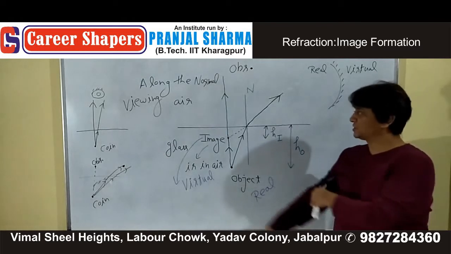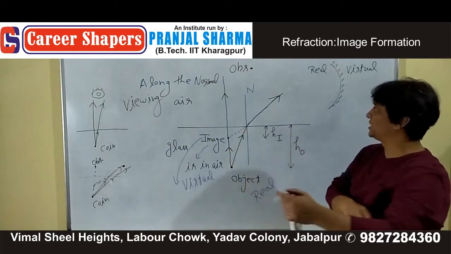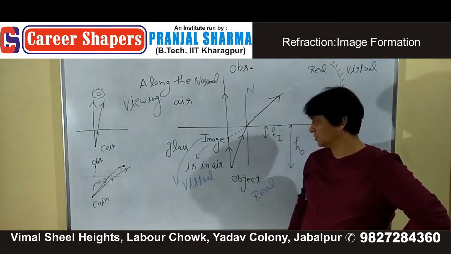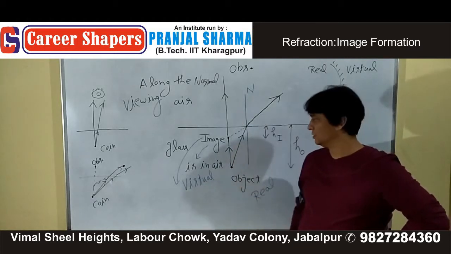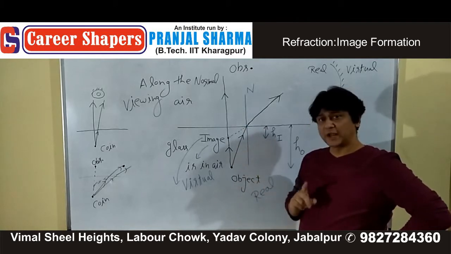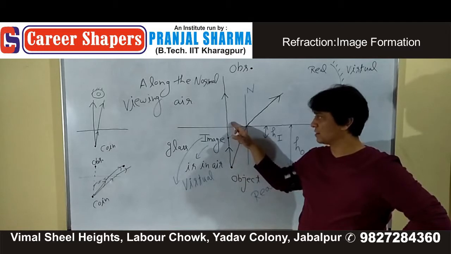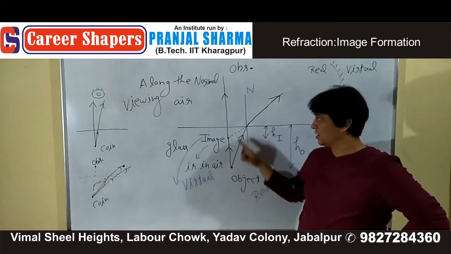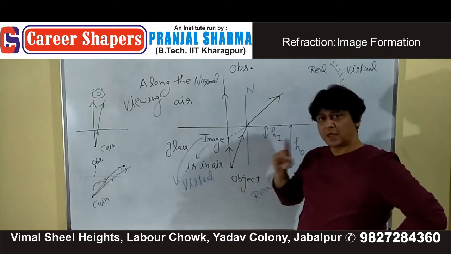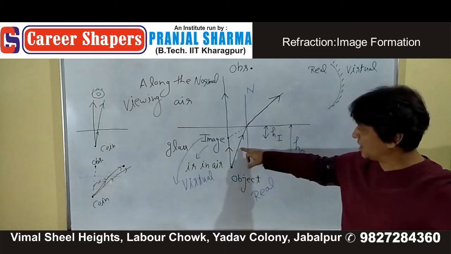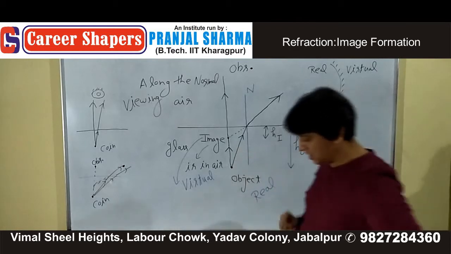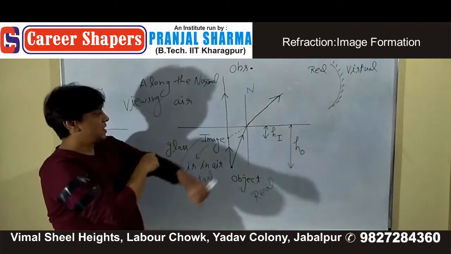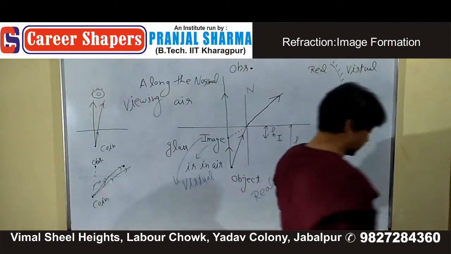And intersection takes place between a ray which is running along the normal, passing from the object itself, and a second ray which is almost parallel to the first ray, and a second ray which is almost parallel to the second ray.